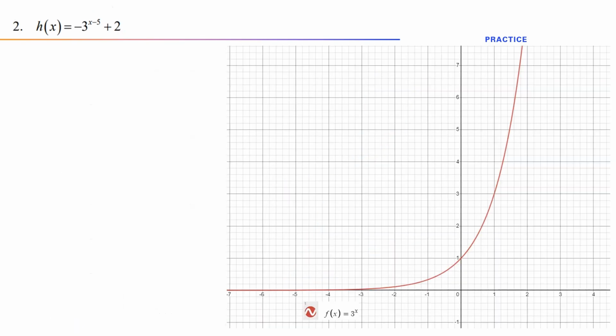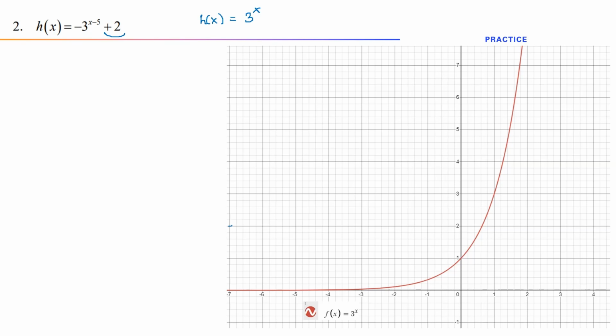Okay, another example. So now the parent function should be h of x equals 3 to the power of x. And this is how it looks. Now we see that it will go up 2 units.